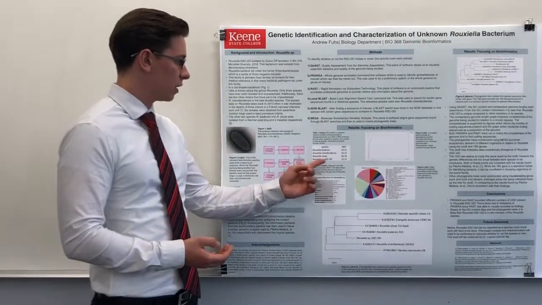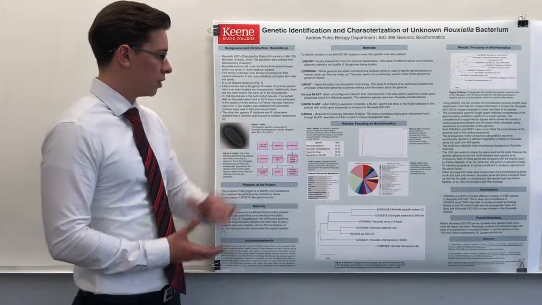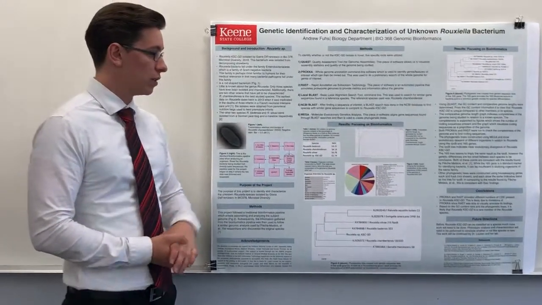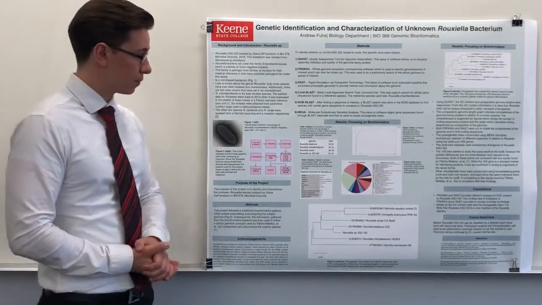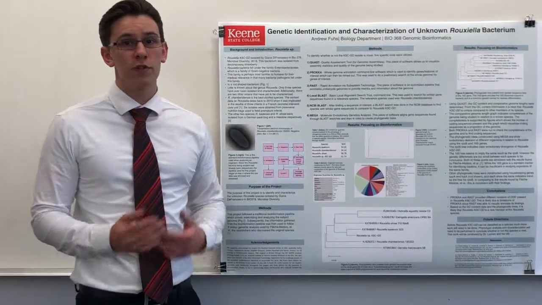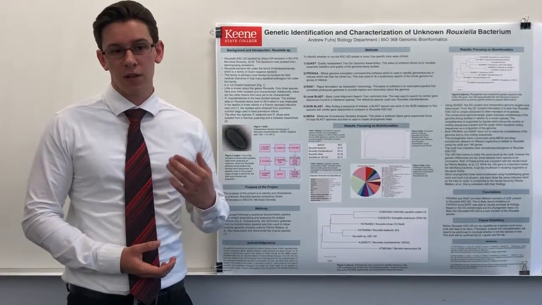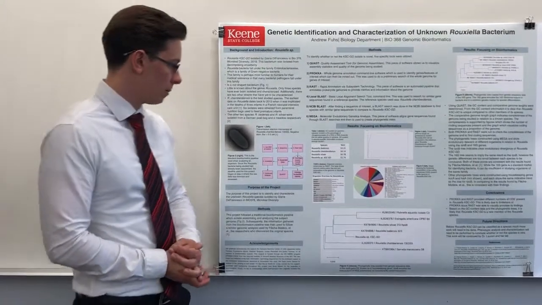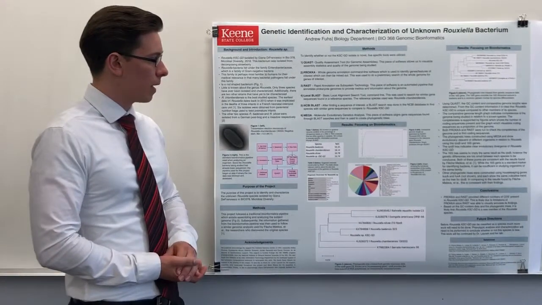So as we can see here, our Rouxiella had a GC content of 52.74%, which is different than the other 3 known Rouxiellas. So that was initially very exciting because that was the first hint that this was in fact a new species. And then we just have some other general metrics about the bacteria.